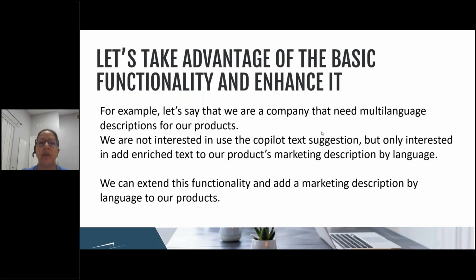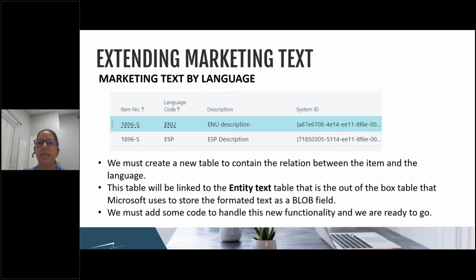As I told you, we are not interested in the Copilot suggestion, but we are interested in the part that gives us the text editor. So we are going to take that marketing text editor and use it in a multi-language scenario for our items. So how this will look is more or less like this.